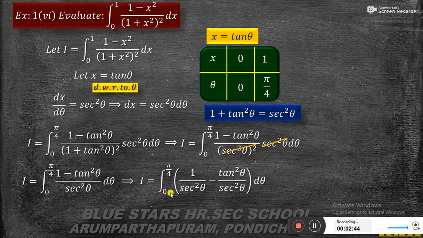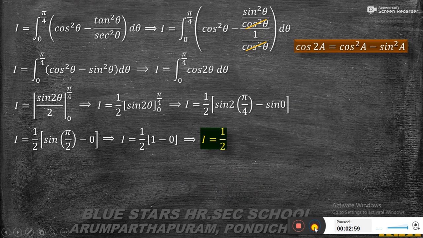Therefore I equal to integral 0 to pi by 4. Now divide the denominator term into each numerator term: 1 by secant square theta minus tan square theta by secant square theta, into d theta. So I equal to integral 0 to pi by 4 of cos square theta minus tan square theta by secant square theta d theta. Writing tan square theta as sin square theta by cos square theta, and secant as 1 by cos square theta, the cos square theta cancelled.